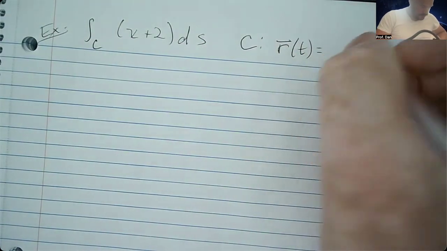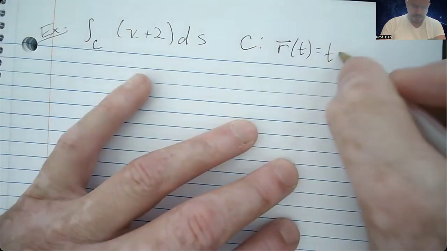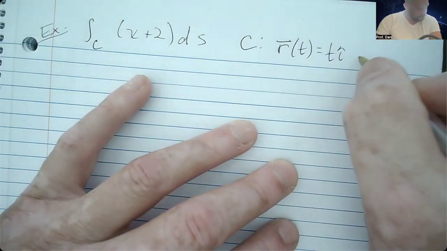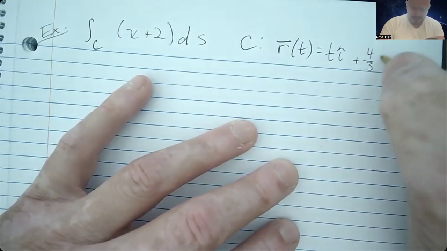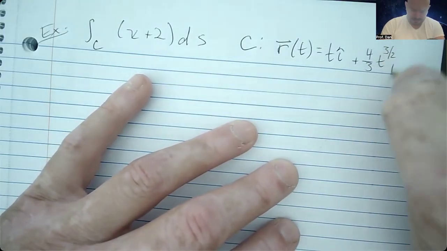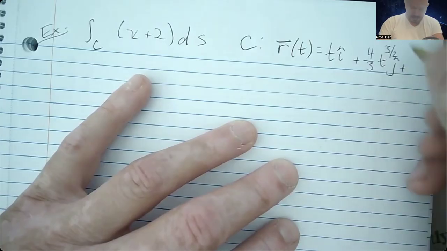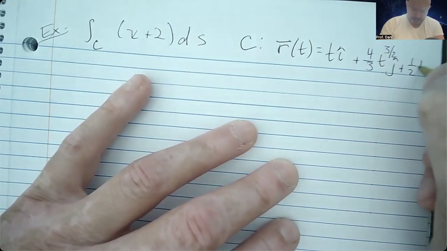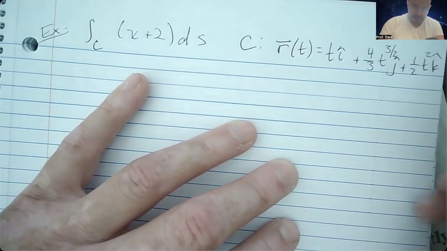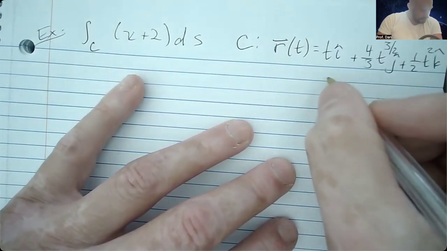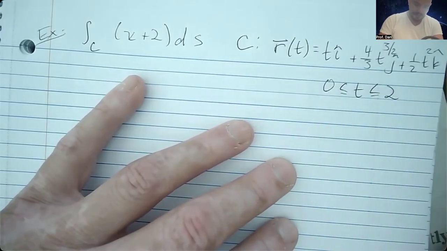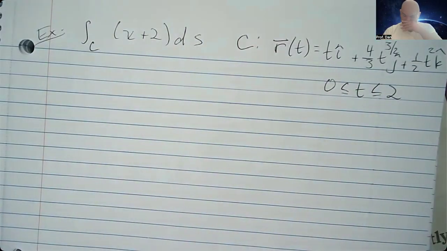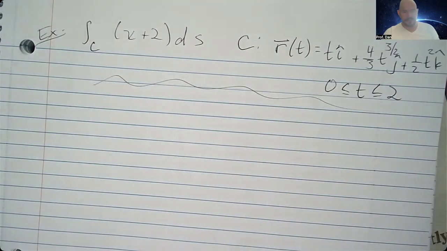So r of t is equal to t i plus 4/3 t to the 3 halves j plus 1/2 t squared k. And let's say that we're told in the problem that t is going to range between 0 and 2. So this is our given information.